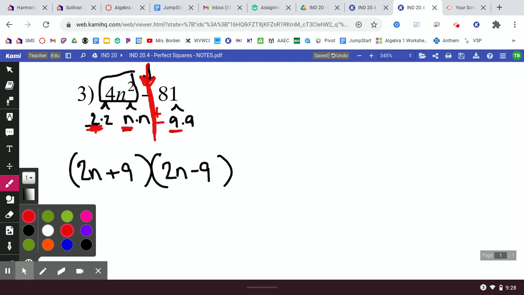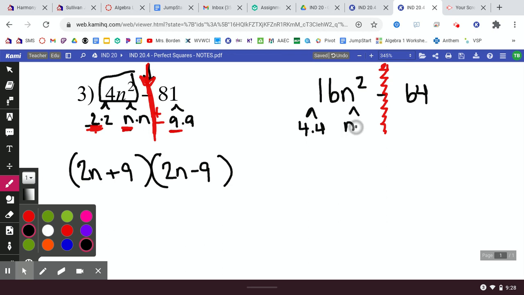So say you've got 16n squared minus 64, right? Your minus sign stays the breaking point. And so when you factor on the left side, 16 and 16 is 4 times 4, and n is n times n, and then 64 is 8 times 8. This is where your plus or minus sign is going to go. And so your answer is going to be, right, these two.